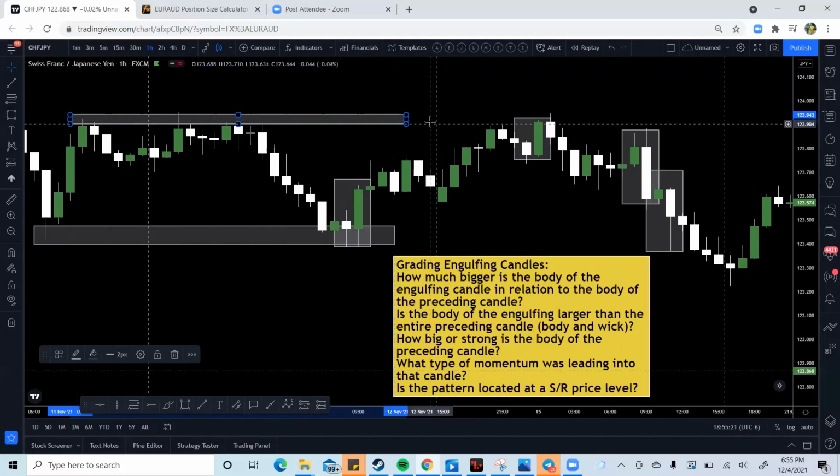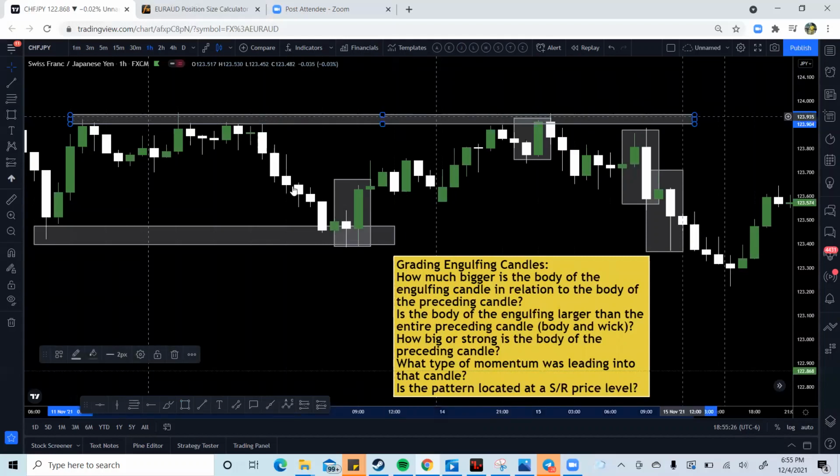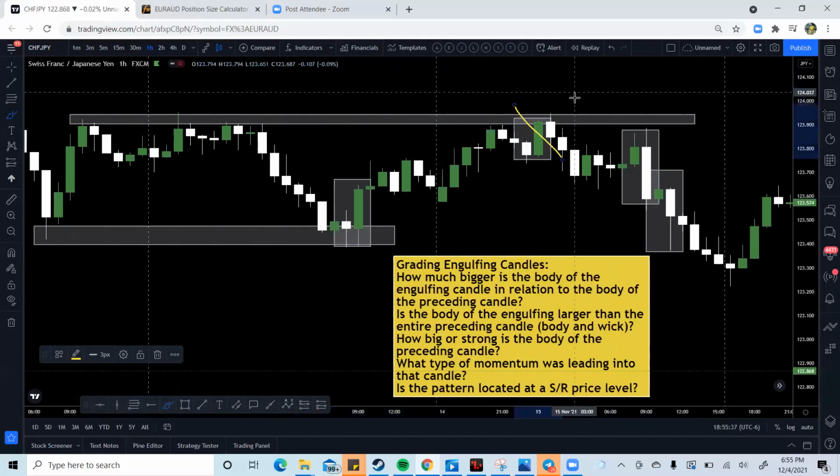So this is a resistance level. We were to spread that out. That's a resistance level. So that's an engulfing candle leading into a resistance level. So for me, that is not one that I pay attention to, because it's going in the wrong direction.